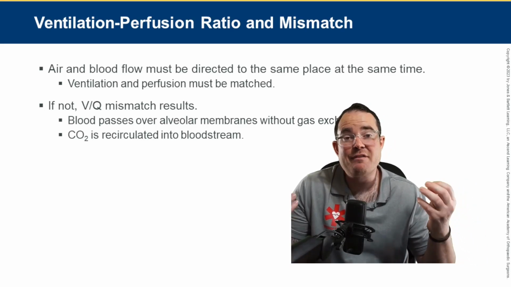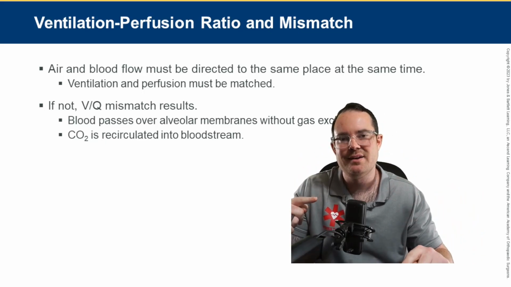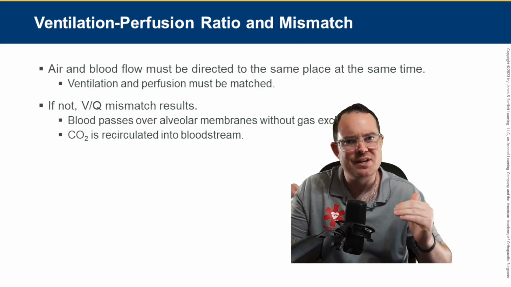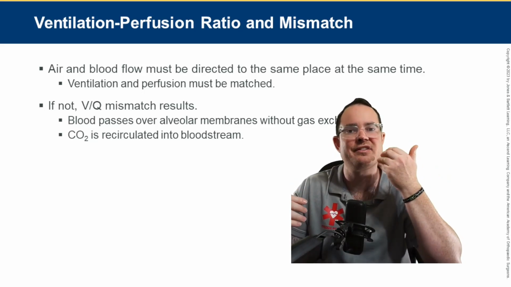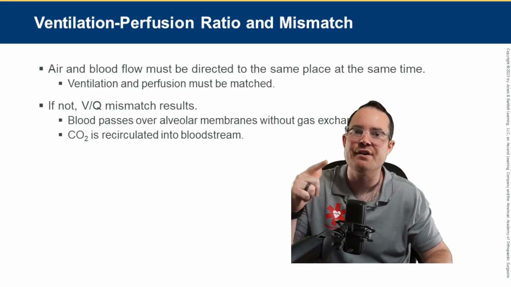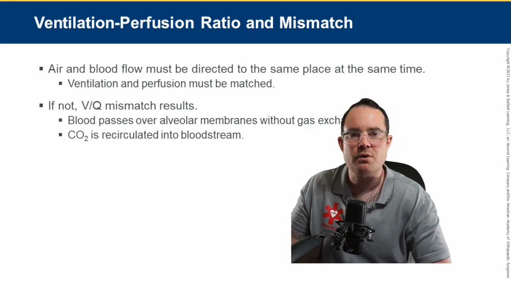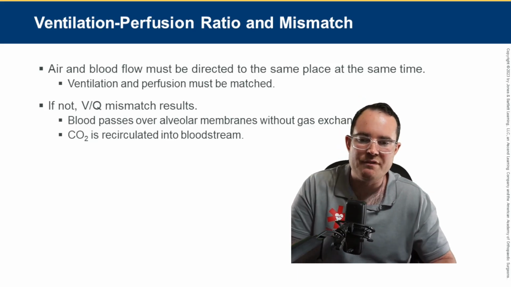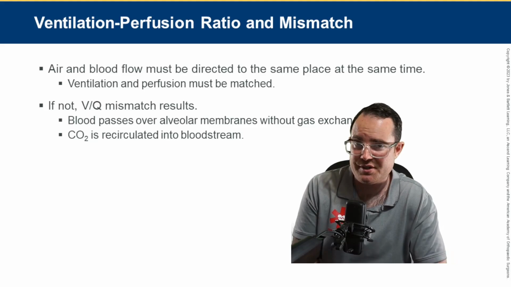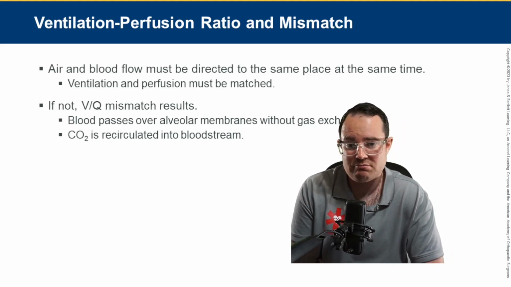And then where's that hemoglobin going? Well, if I have good perfusion, that blood is being transported throughout my body. So there's a matching between the amount of breaths that I'm inhaling to the amount of oxygen that's being delivered throughout my body. That's called a ventilation perfusion ratio. If we call it a mismatch, a mismatch means that they're not matching.